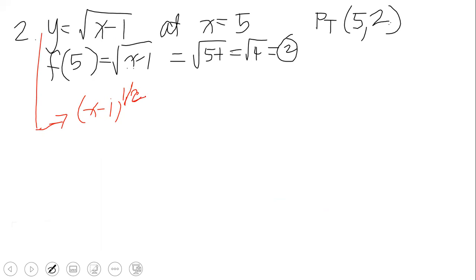Then we can use this power as part of our differentiation process. So y prime will be 1/2, then retain x minus 1, then the power will be 1/2 minus 1. So we also have 1 minus 2.